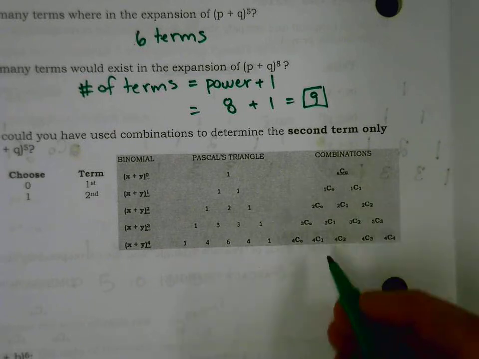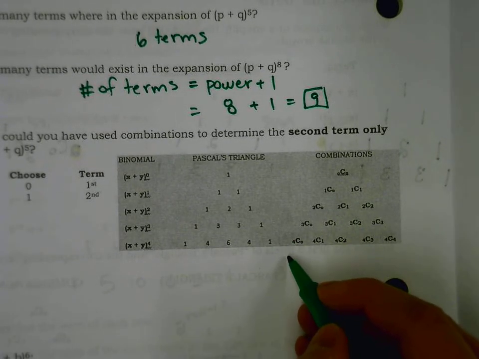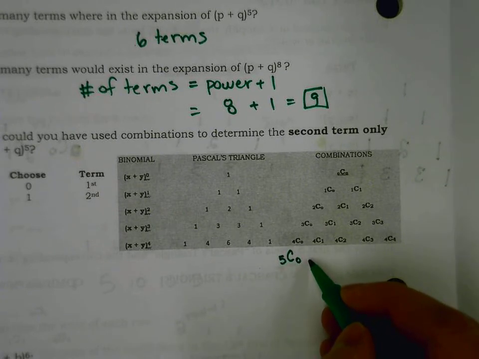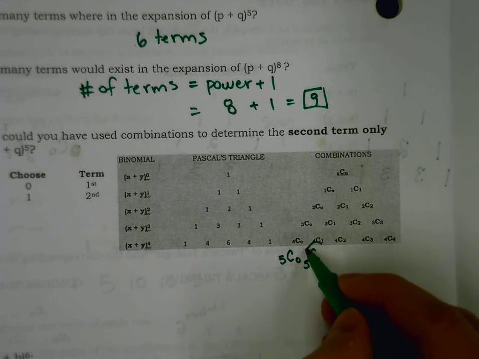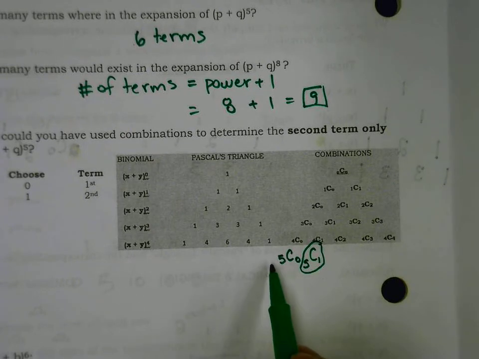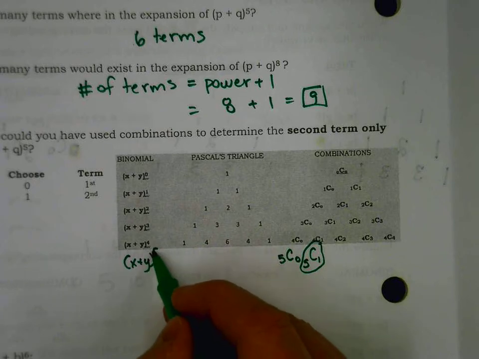Well, we're going to use these combinations to say there is some term in the expansion of (p + q) to the power of 5, which would exist after the 5C0. There would be a 5C1. That's going to be your second term in the expansion of (x + y) to the power of 5.